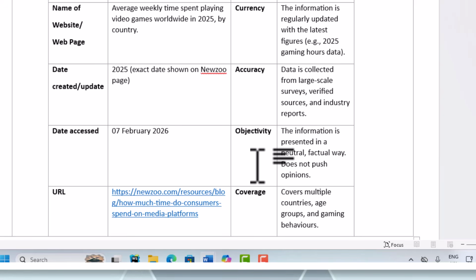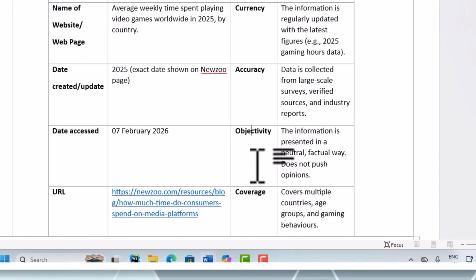Was the person writing this article non-biased, or were they biased towards facts? Typically, let's look at a conspiracy theorist who speaks about the world ending in 2026 or something like that. Their whole documentary or what they're writing about is concerning that. They're not looking at other facts, maybe. Do you understand what I'm trying to say? So objectivity: the information is presented in a neutral, factual way and does not push opinions.